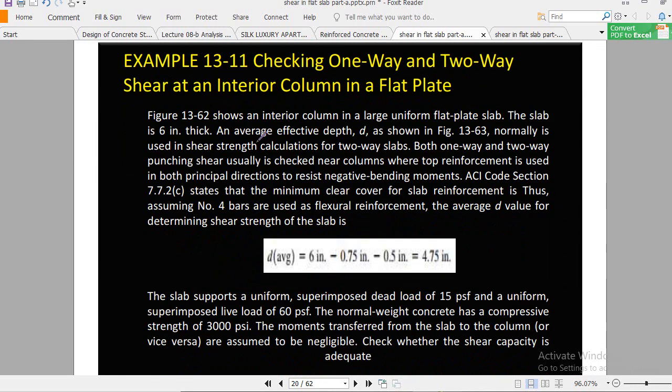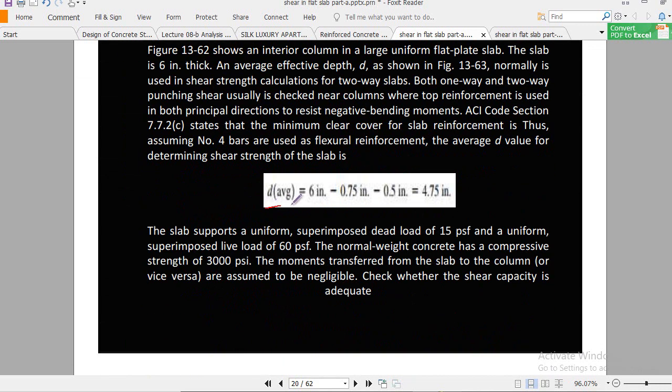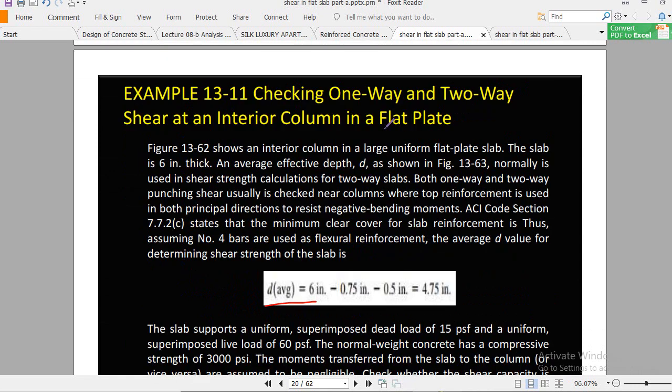Read the example, and first of all you have to calculate the d average. The slab thickness in this question is 6 inches, so 6 inches minus the concrete cover, and minus the bar diameter. You must know how to calculate the d average.